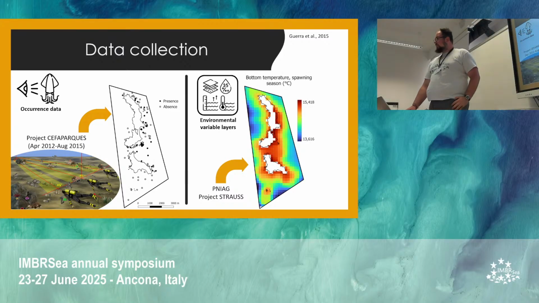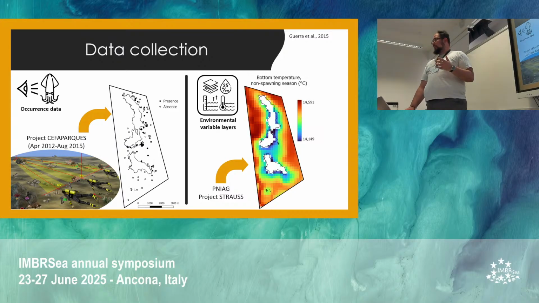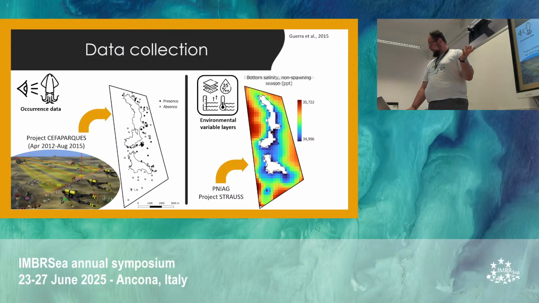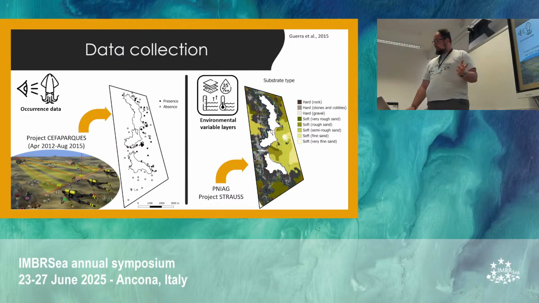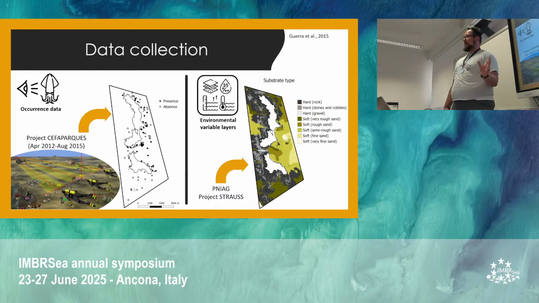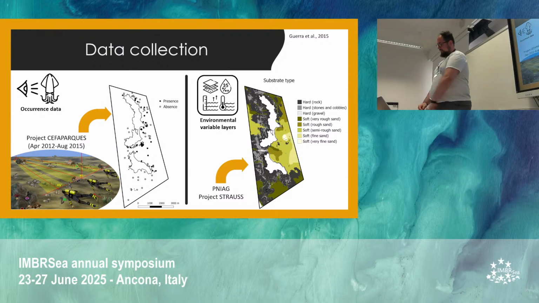Then, bottom temperature, and this is a seasonal variable, so this was subdivided into bottom temperature in the spawning season from February to October, and in the non-spawning season in the rest of the year. And similarly, bottom salinity, which was also subdivided by season. And finally, substrate type, which is very diverse around the islands, but for our purposes, it is a binary: it is either a hard rocky surface or a soft sandy surface.